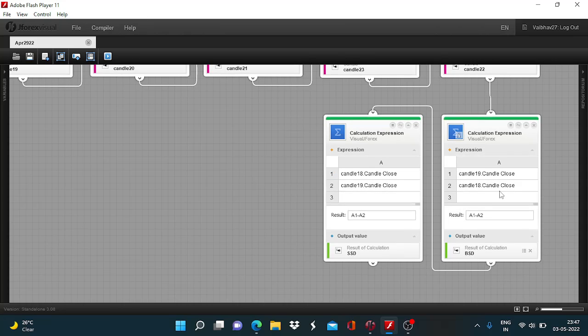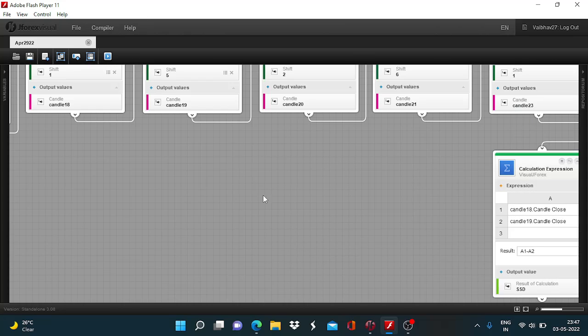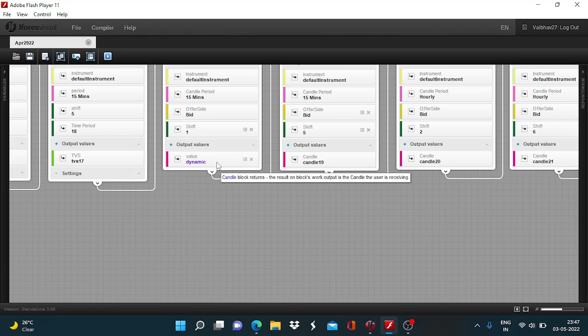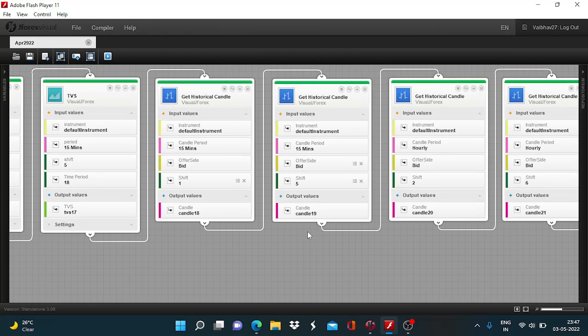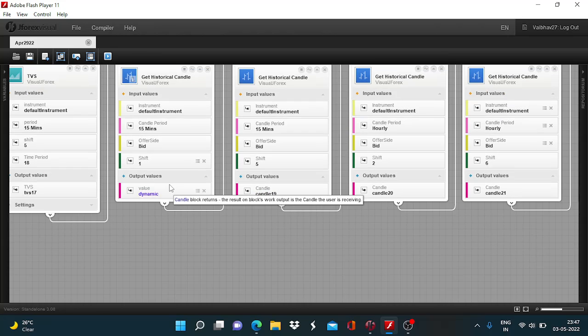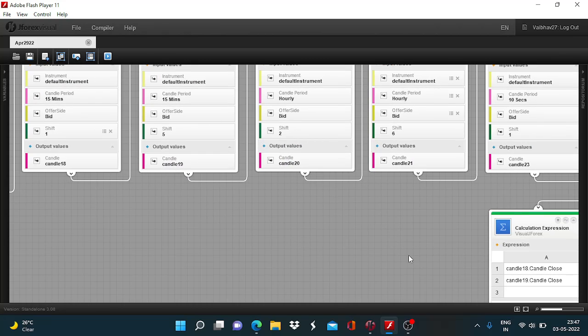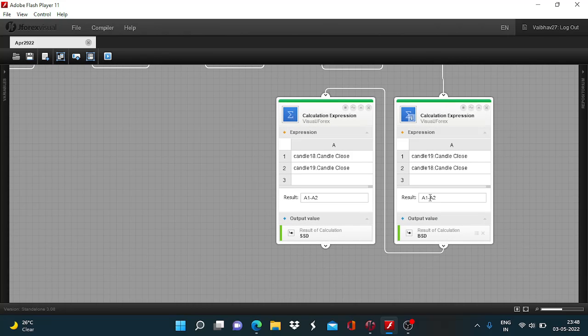So here we have this calculation in place, and we will need to look at the difference between the last 15-minute candle, which is candle 18, and the candle which closed with the shift value of 5, that is candle 19. We want the candle 18 candle close to be lower than the candle 19 candle close. We will have to deduct the candle 18 candle close from candle 19 candle close, and we had done that. So here we have this buy side difference.